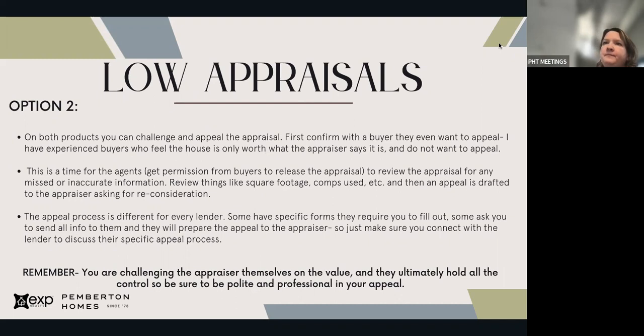Especially, like we talked about at the beginning, if they're not super familiar with the area, there could be a specific neighborhood that has far more value for whatever reason than a neighborhood that's a block away that they're using as a comp.